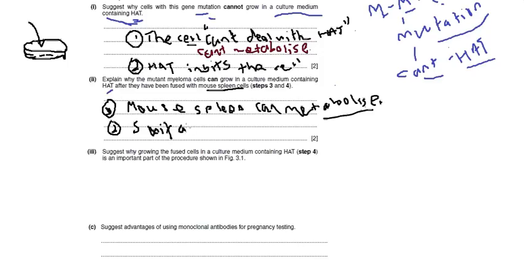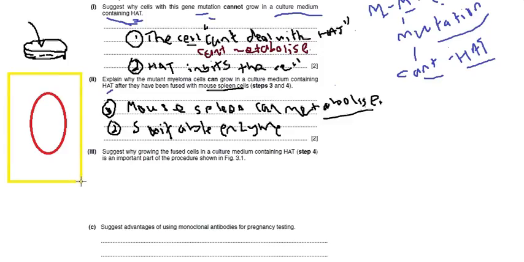Now from this we can learn one thing: suitable enzyme. For general answering of this kind of question, if we have a cell, this is a cell, and then we have a medium around it. Let me just draw this. We have a medium around it.